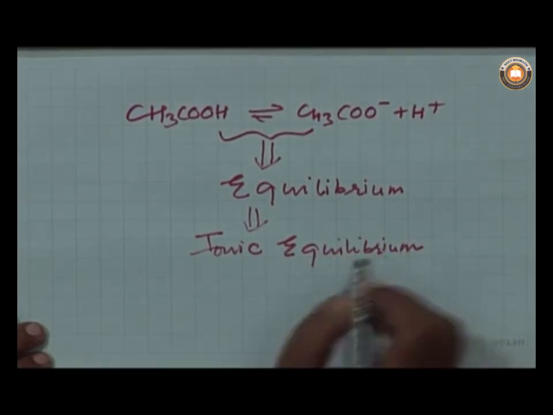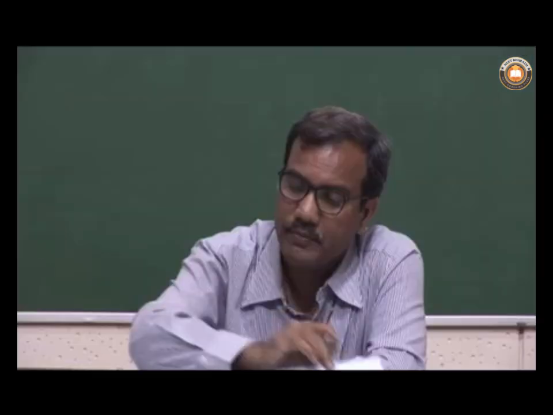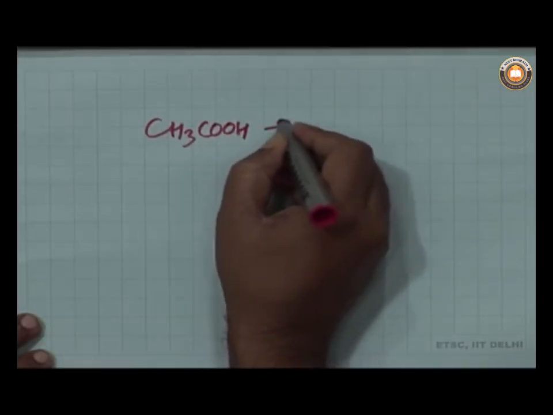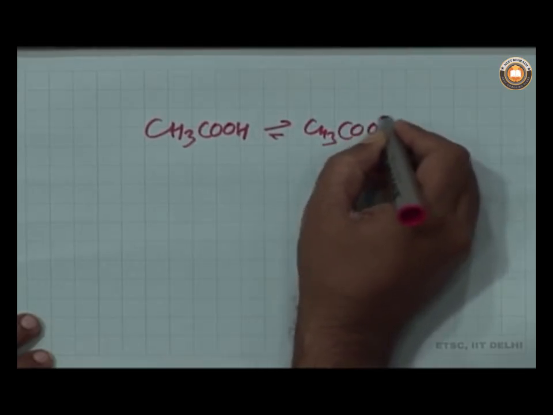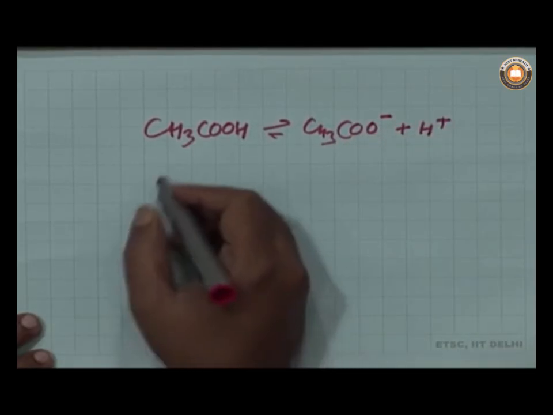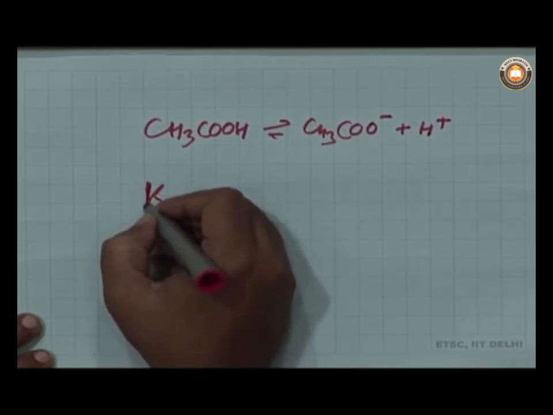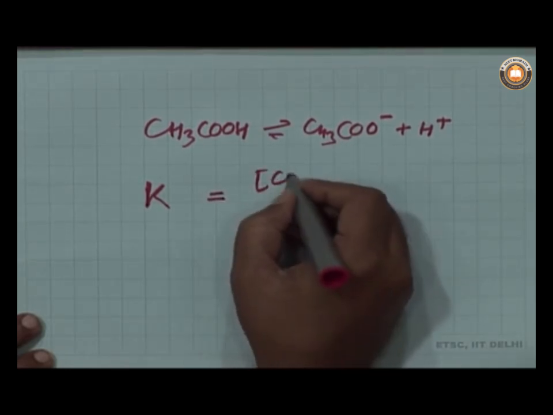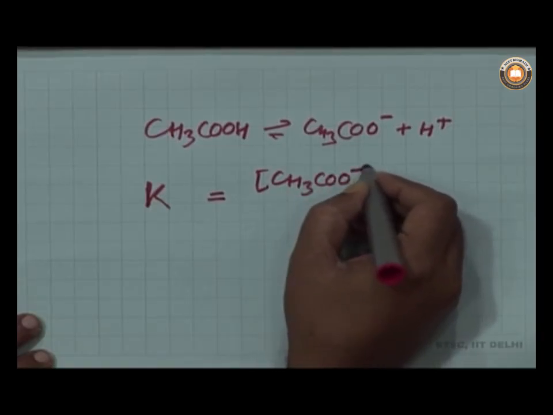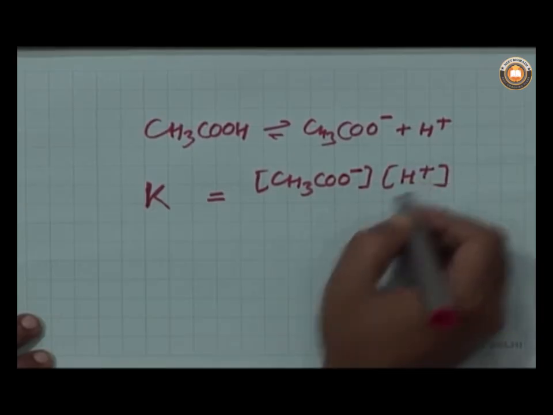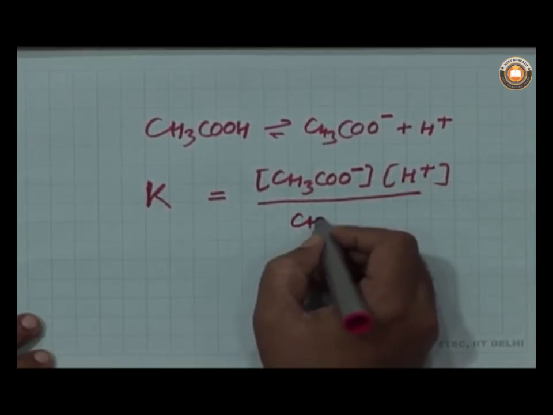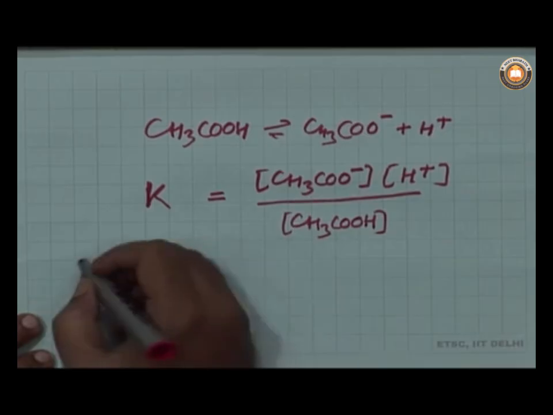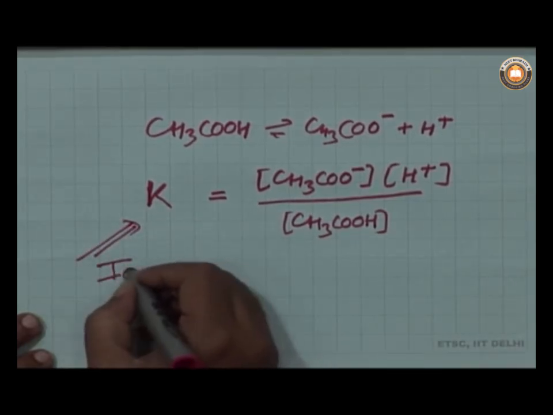If I take the case of this weak electrolyte, which is your weak acid, we can simply apply the equilibrium concept K, which is basically the concentration of products divided by the concentration of reactants, and this constant is called the ionization constant.